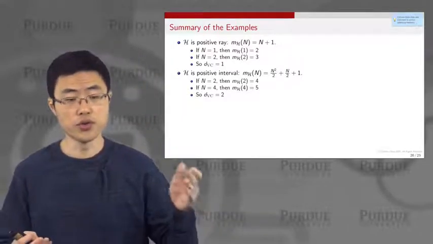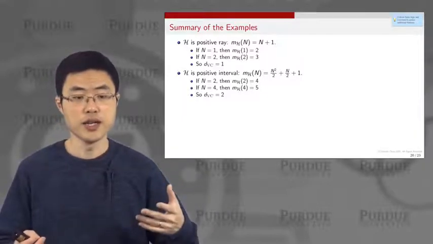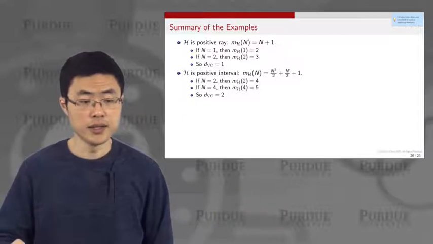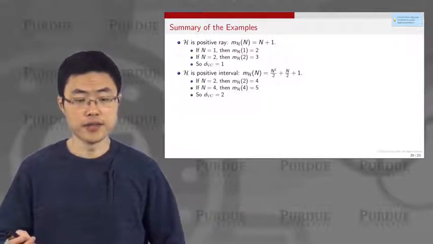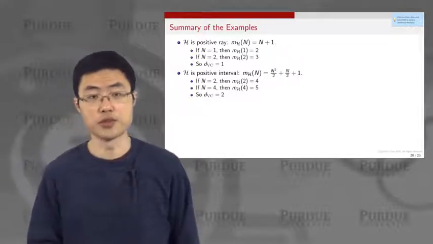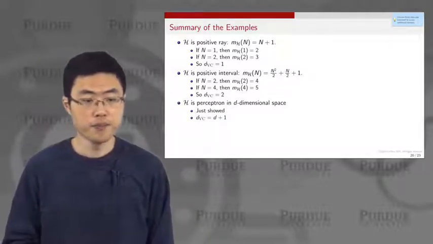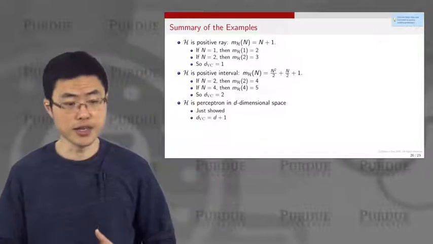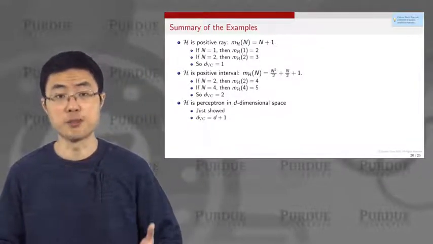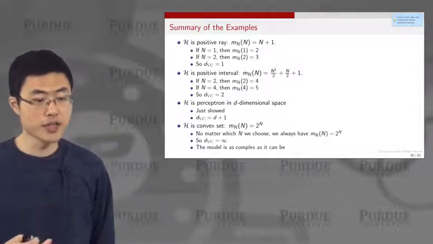Well, if n equals 4, you show that the growth function evaluated at 4 is 5, and so that is less than 2 to the power 4, which is 16, and so you claim that the VC dimension is 2. How about if the hypothesis set is a perceptron algorithm in d-dimensional space? We just showed that the VC dimension is d plus 1.